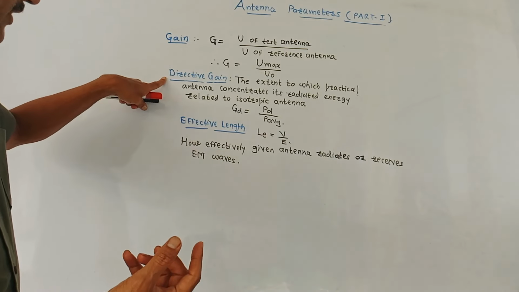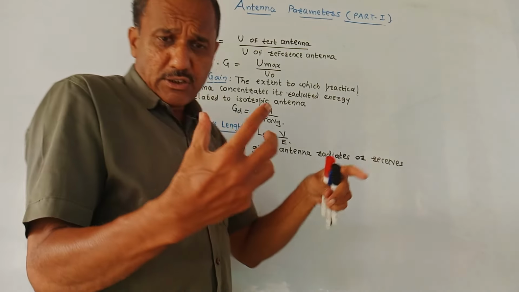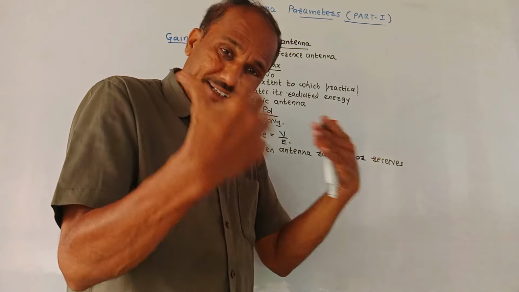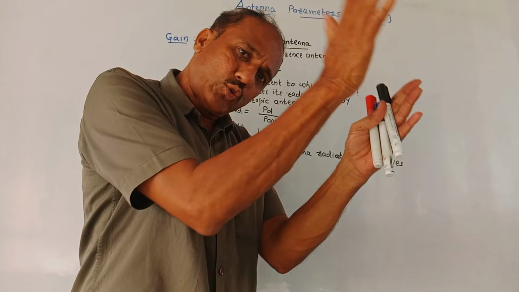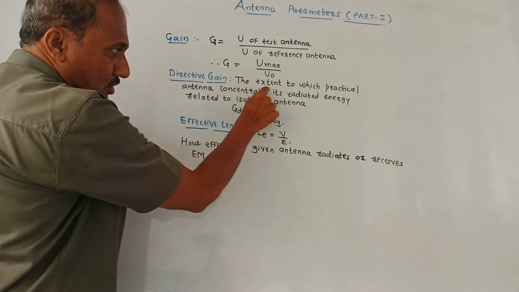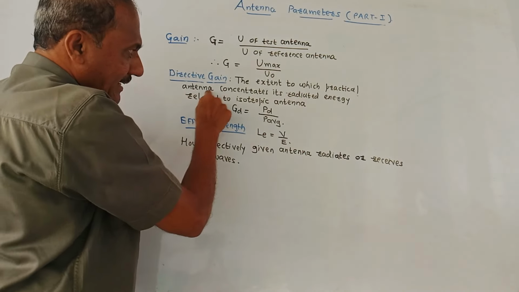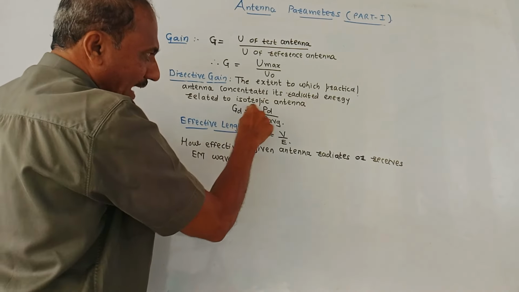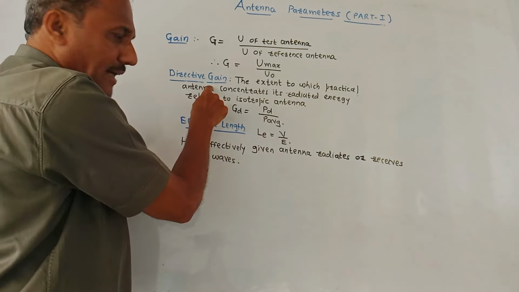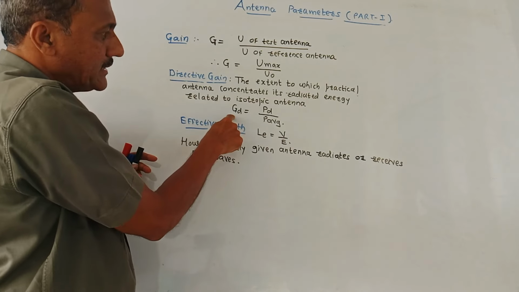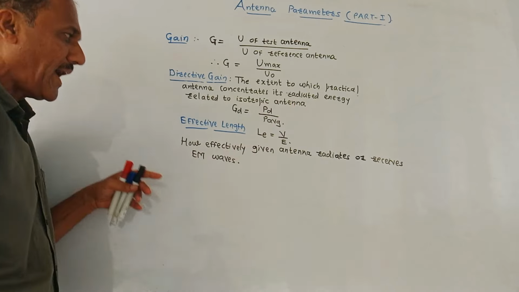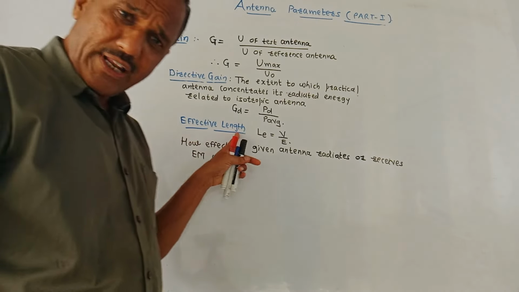Next is directive gain. There is a particular extent to which a practical antenna radiates compared to the reference antenna. So the extent to which a practical antenna concentrates its radiated energy relative to the isotropic antenna is called directive gain. The formula is GD equals PD, power dissipated, upon average power, P average. Next is effective length.